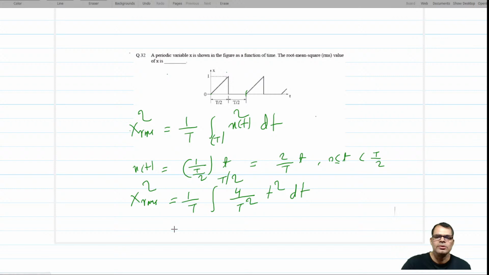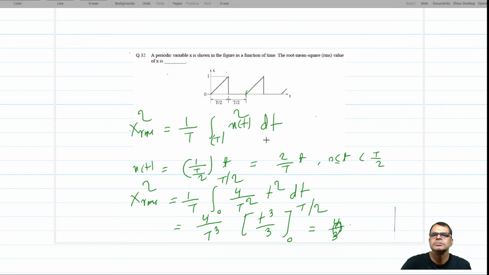So 4 upon T cube, and the integration of t square dt, how much? t cube upon 3, from 0 to T by 2.